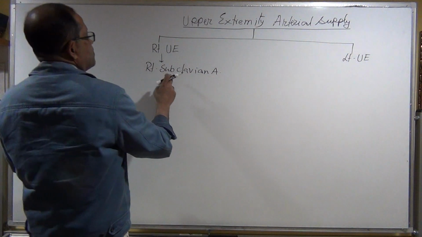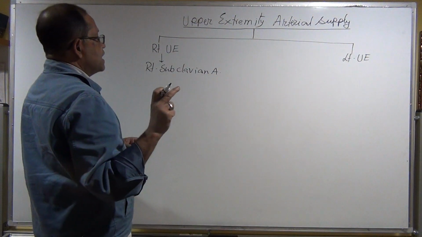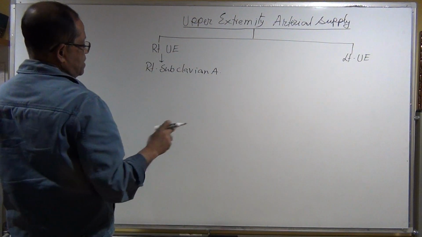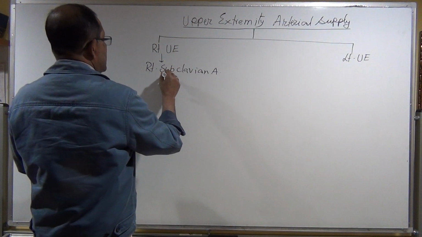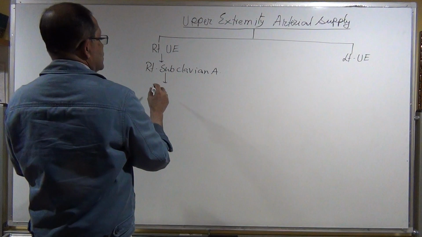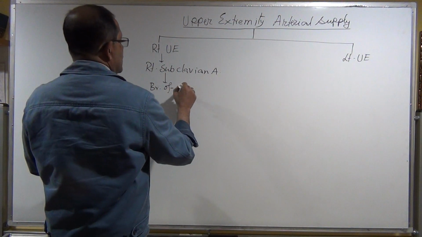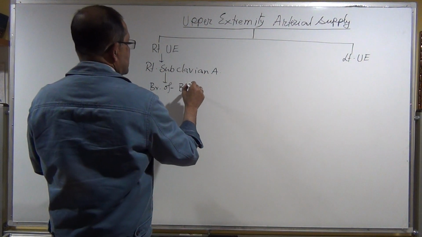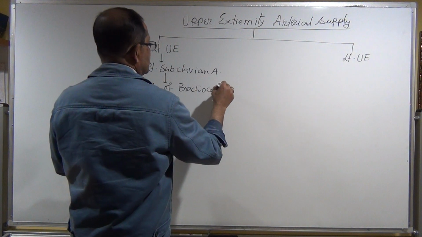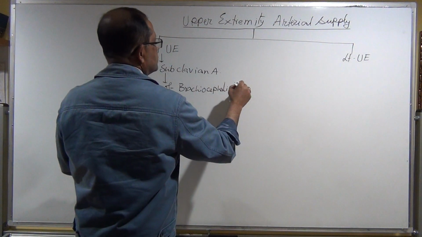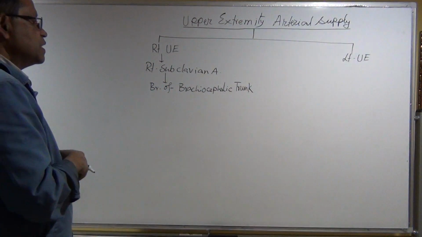And this right subclavian artery is the major source of the right upper extremity arterial supply, but this subclavian artery is a branch of the brachiocephalic trunk.